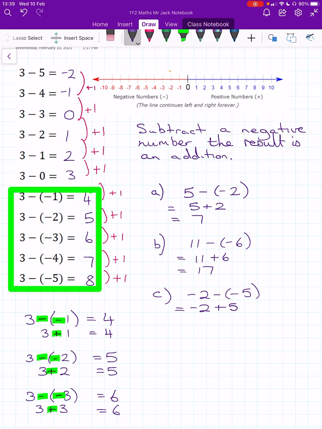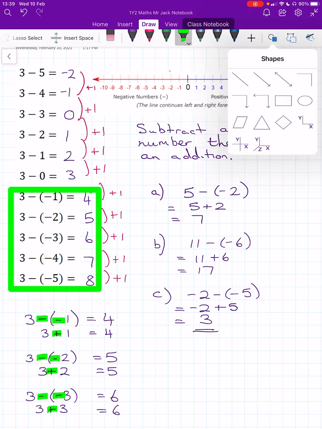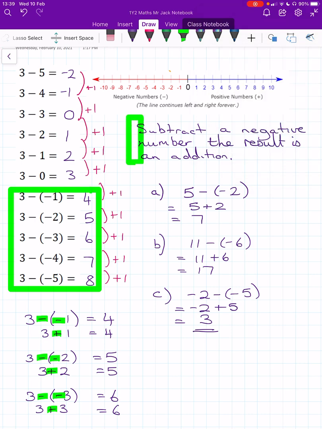Now, if you need your number line, by all means use it, but we're at negative 2. We're adding 5, which means we're going to move 1, 2, 3, 4, 5 places to the right, which gives us 3.